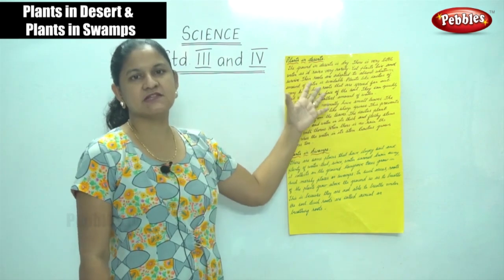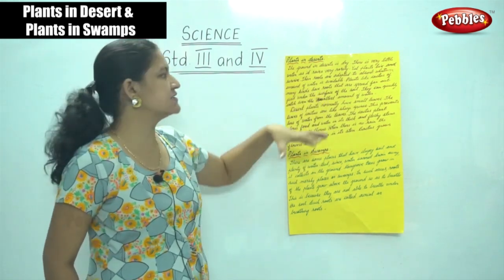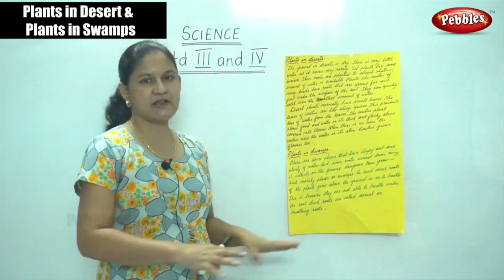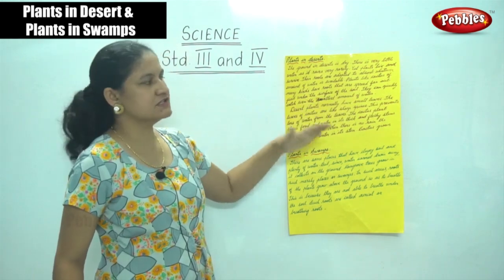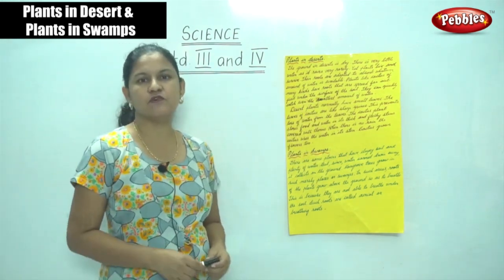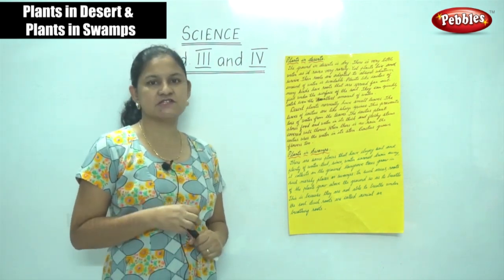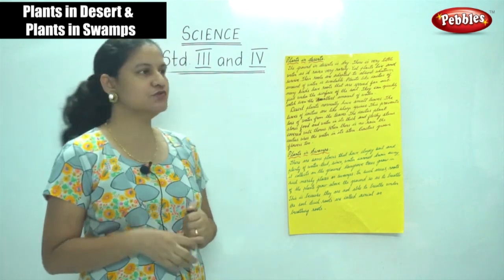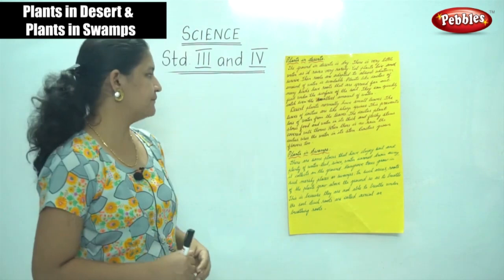So the plant that survives in a desert is the cactus plant, and the cactus plants have roots that are spread out far and under the surface of the soil. They can quickly catch even the smallest amount of water. So the roots of the cactus plant are adapted in such a way that it is able to quickly catch even the smallest amount of water.